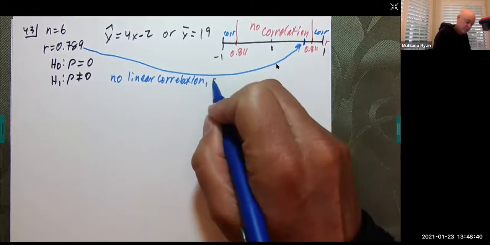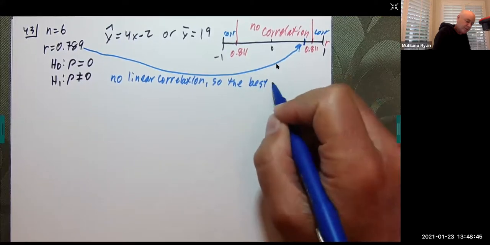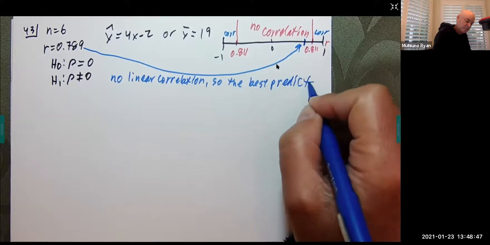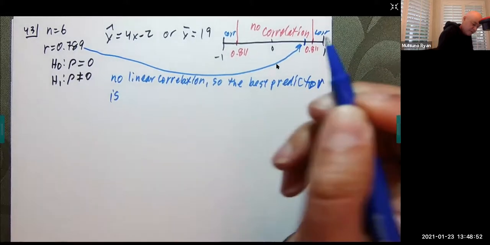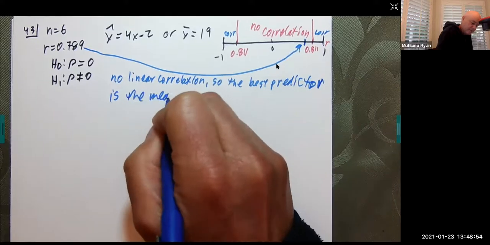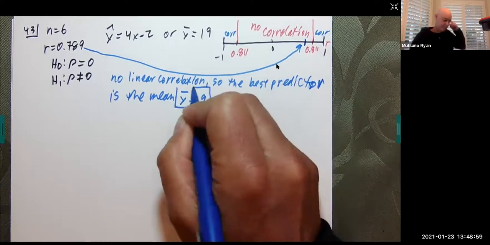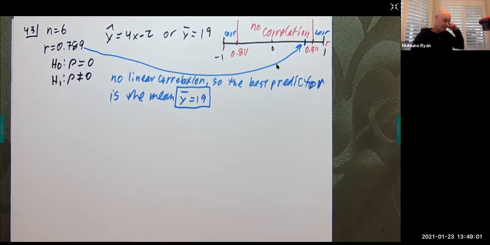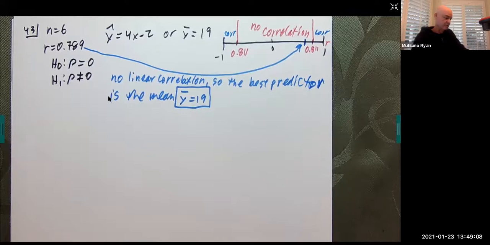So the best predictor is the mean. Now, if there was a linear correlation, then I would take the X value that they gave us, which is X equals 5, and I would plug it into my linear regression equation.